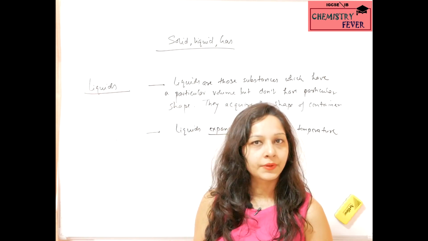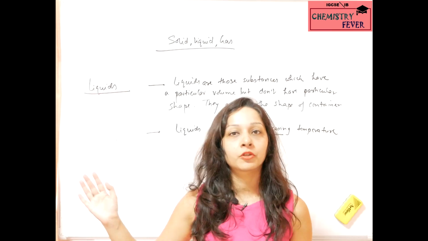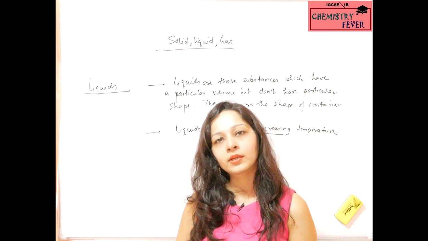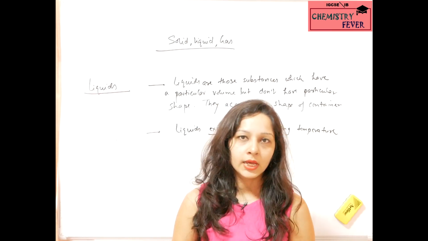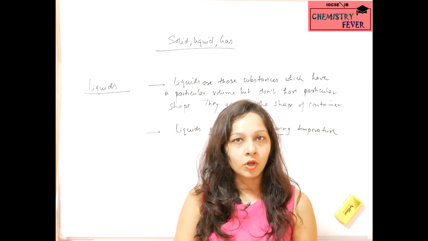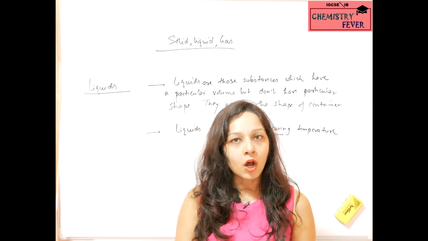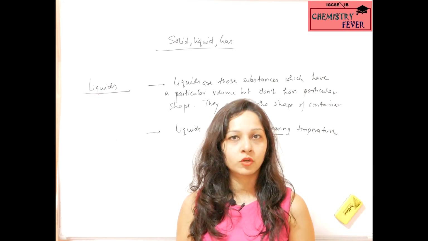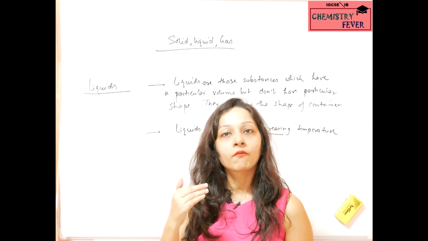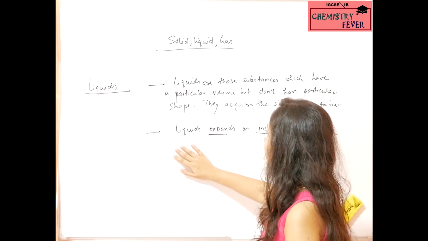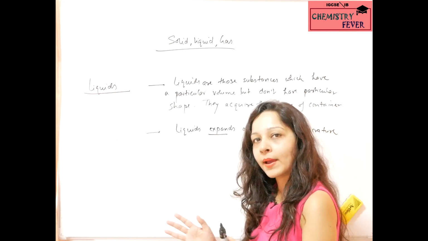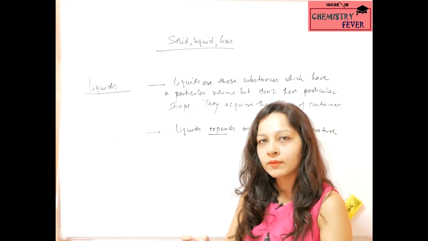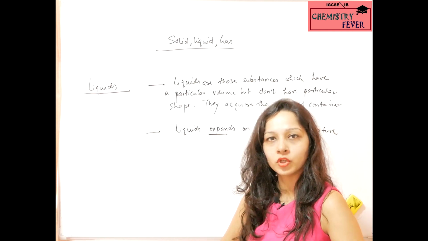Liquid expands on increasing temperature, but if you make the temperature so high that it crosses the boiling point, it will start turning into gas. Otherwise it will also expand. The molecules slightly go far away. How the molecule behaves when you increase temperature, we will see later in other parts of the chapter, in other videos. For this video, just understand that liquid expands. Though it's not turning into vapor, molecules are still slightly going away from each other.